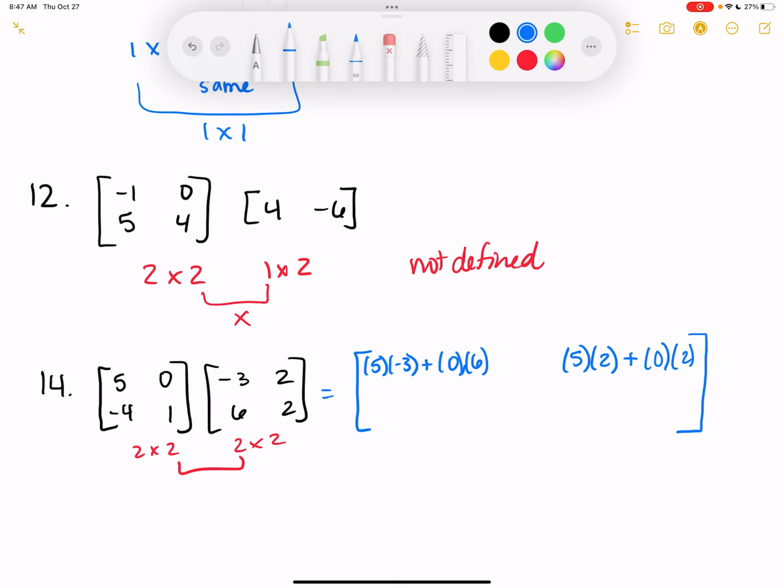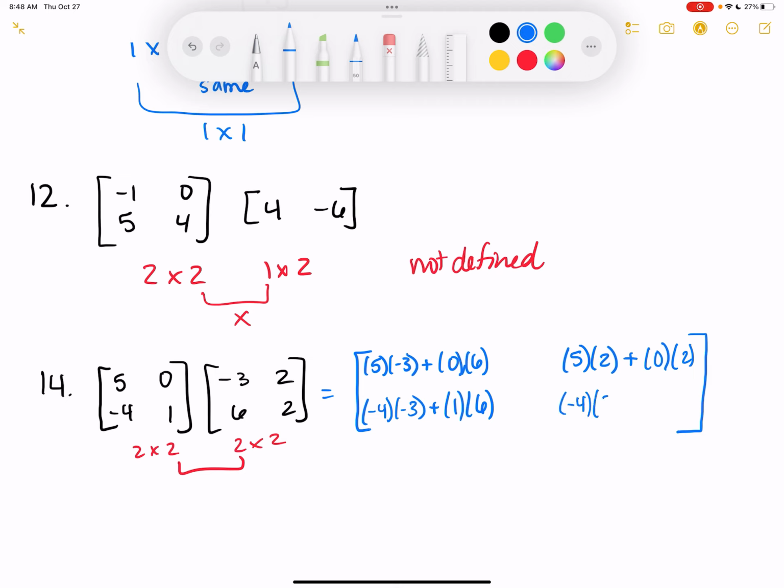All right, bottom left. Negative 4 times negative 3. Okay. So 1 times 6. Yep. And bottom right. Negative 4 times 2.